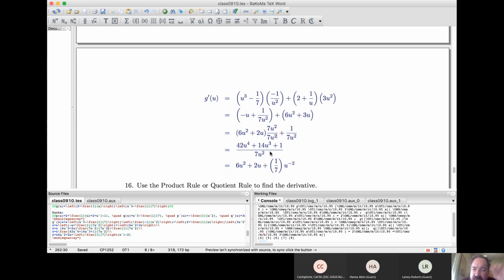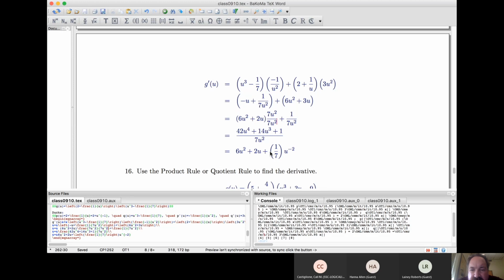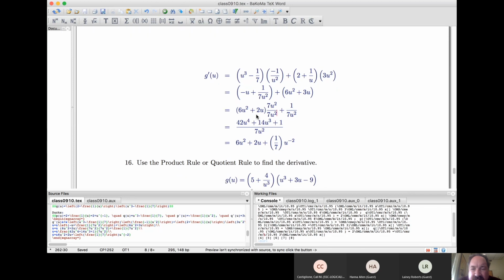So that's where this fraction comes from. Then I simplified and got back to this answer. Sorry about that. I should have scrolled down further, but either this form or this form is perfectly acceptable as an answer.